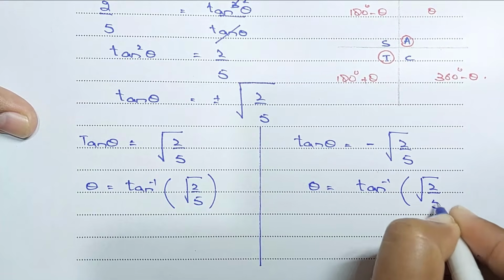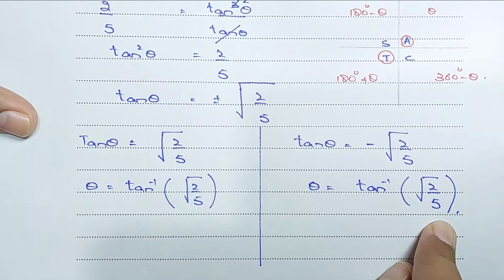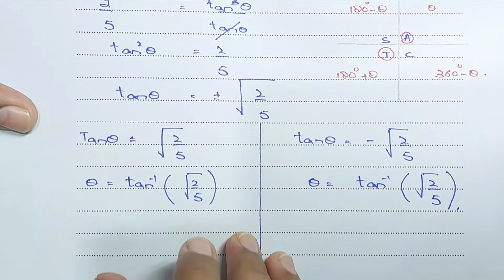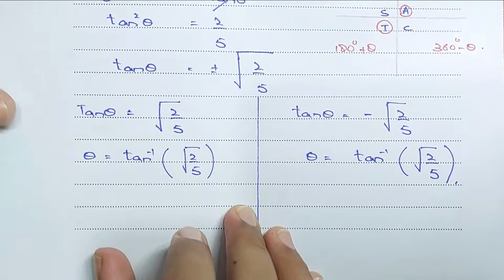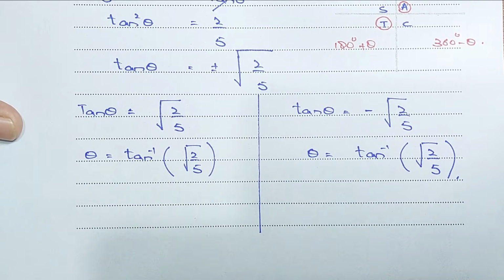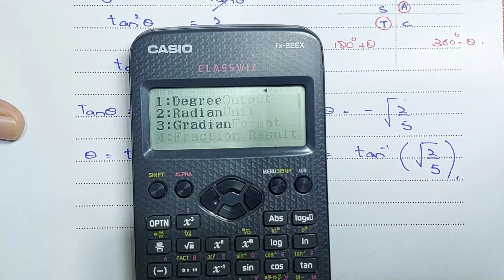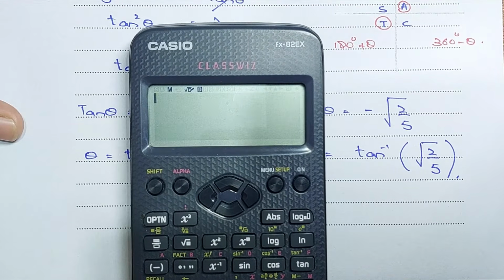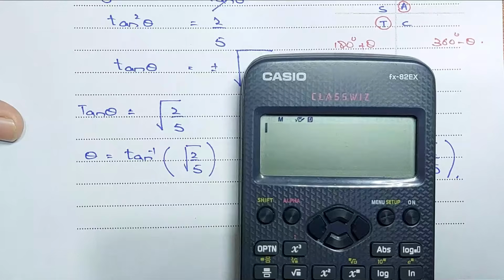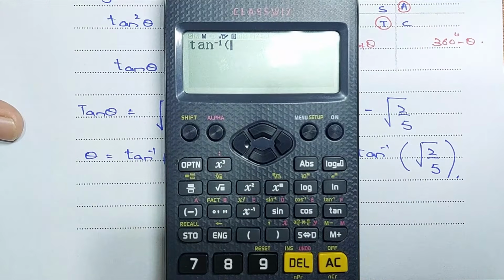We have to solve for the positive, and then check in which quadrant it is negative, second and fourth. All right, now let me simplify in terms of degrees. Our domain is in degrees, so let me convert your calculator into degrees first, and then we have to compute tangent inverse of square root of 2 by 5.